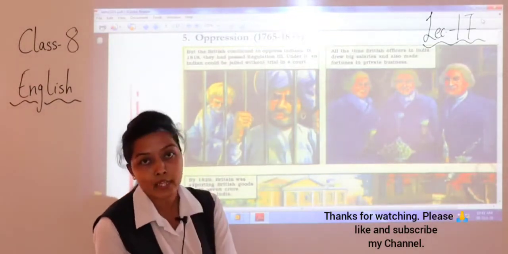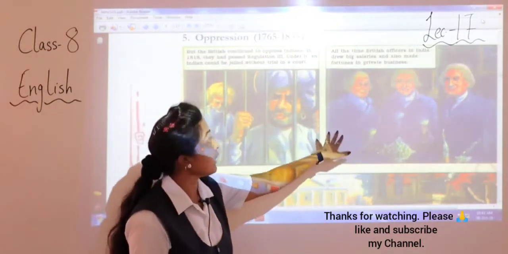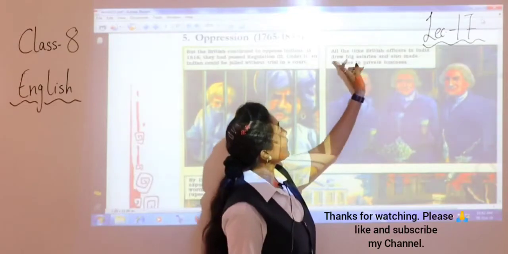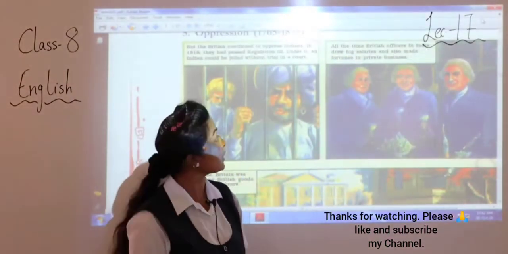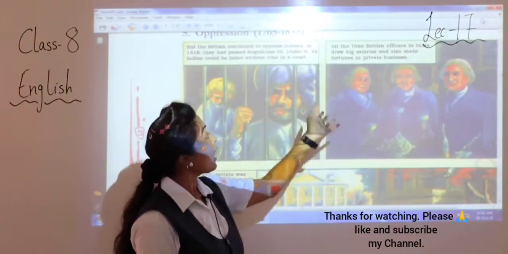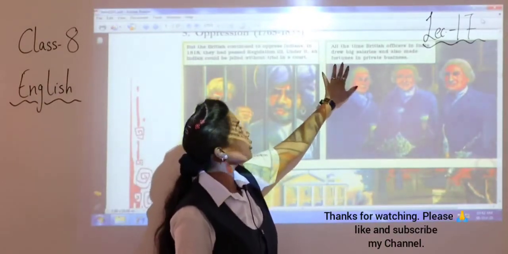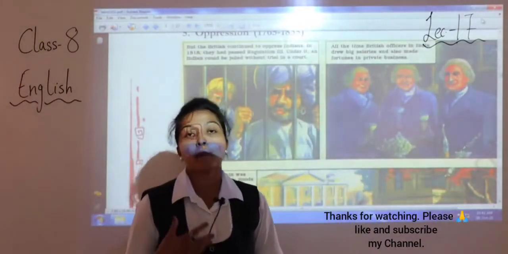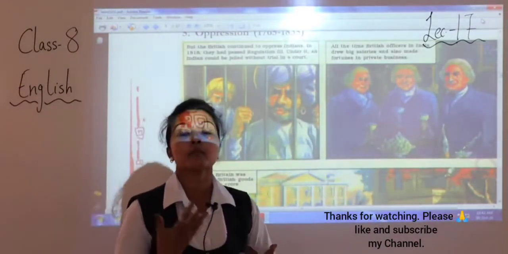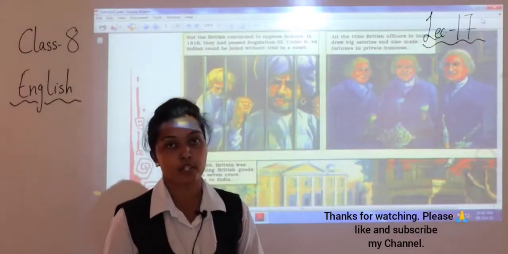The simple thing is that only. So at that time British officers in India drew big, good salaries, and also made fortunes in private business, and by the private business they were earning more and more profit in money.